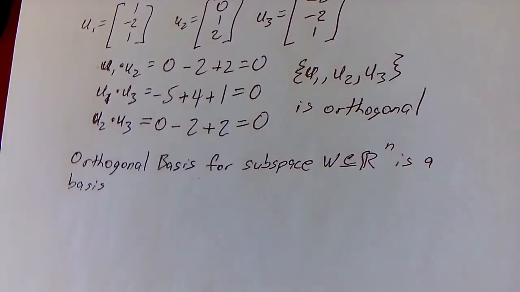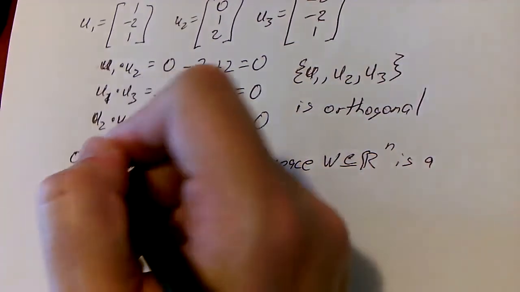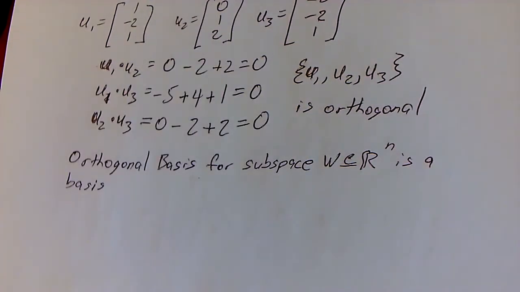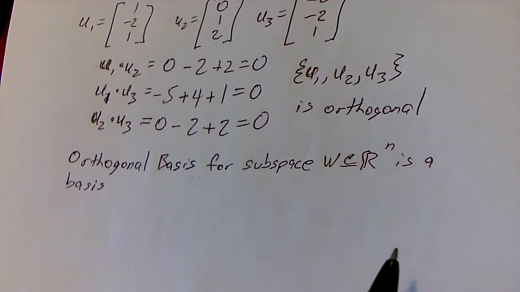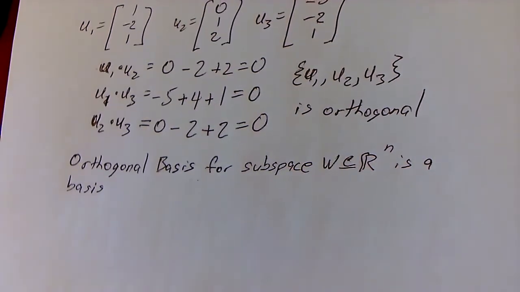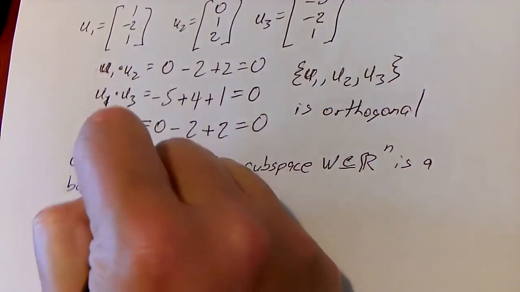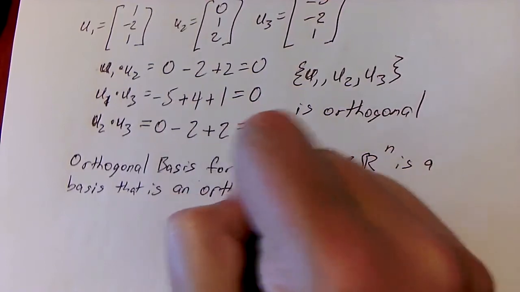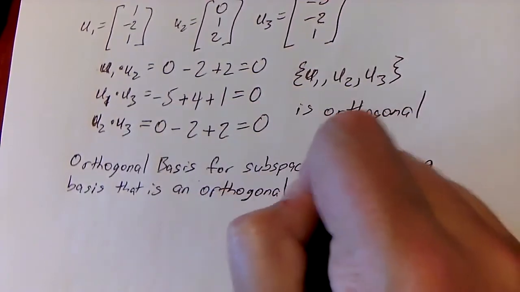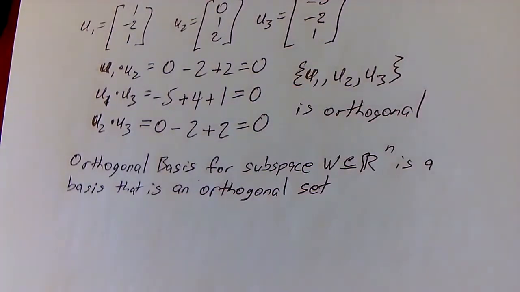So remember what it means to be a basis: the vectors are linearly independent, and they span all of W in this case. So it's a basis that is an orthogonal set. Again, another kind of silly definition.